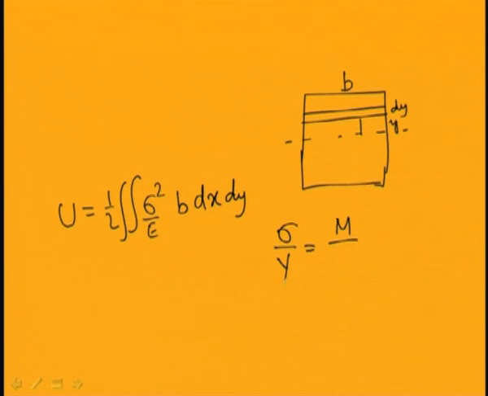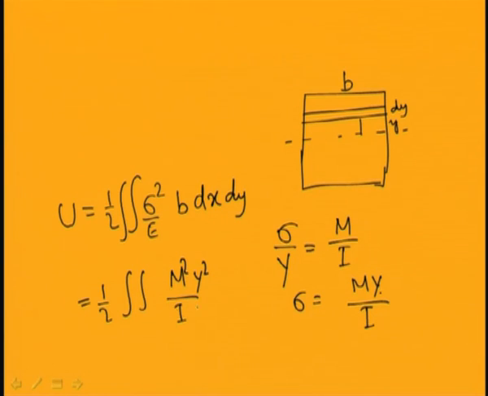We know this expression, sigma by y equal to M by I, or I can write this sigma will be equal to M y by I. So, I can substitute this in this expression. This becomes half sigma square, and for sigma square I can write M square y square by I square into b dx dy.